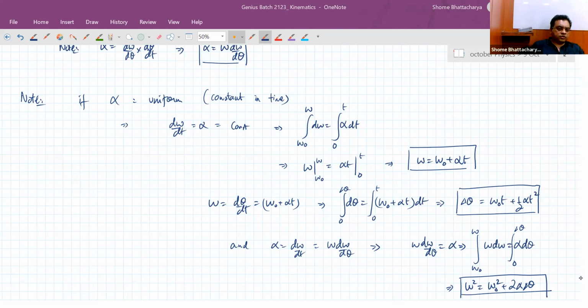So this is the special case of circular motion with uniform alpha.